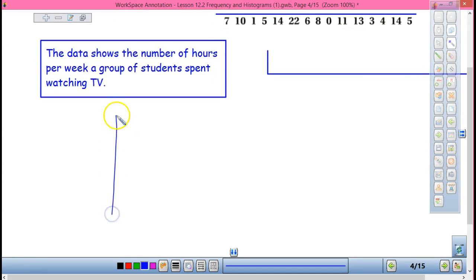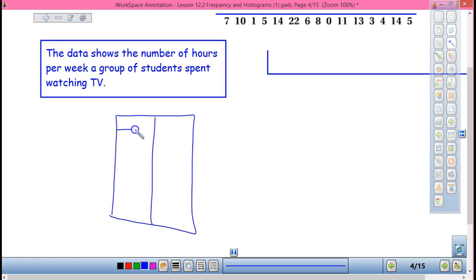So over here is going to be our hours spent watching, and over here is going to be our frequency.